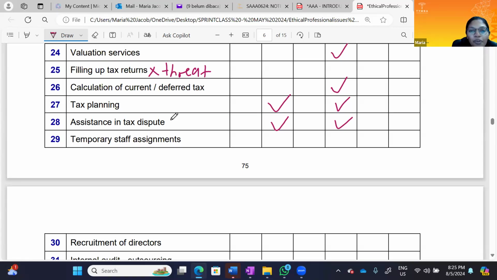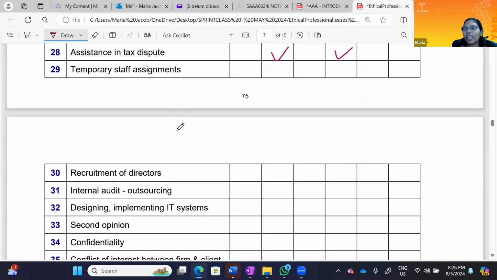Okay, so temporary staff assignment, what type of threat will it give rise to? If I send my audit staff to go and work in the client's office, what will happen?